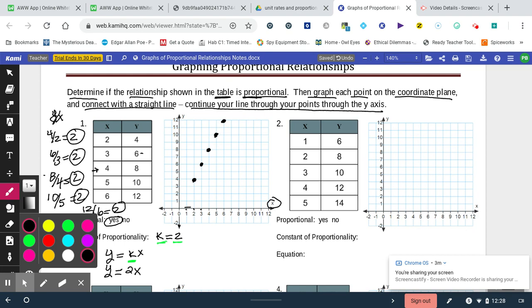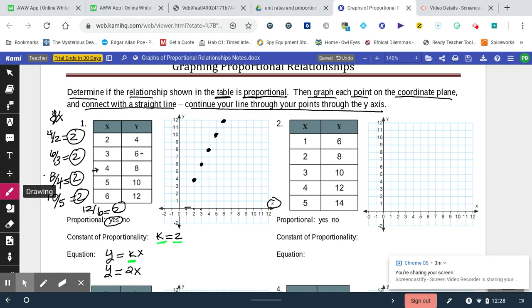Now, the one thing I have noticed students make a mistake with is, because the constant of proportionality or unit rate is y divided by x, some students will start off by plotting the y and then plotting the x. No, although the constant of proportionality is found by dividing y by x, plotting a point is just the opposite of it.